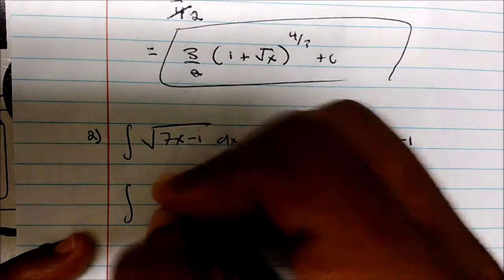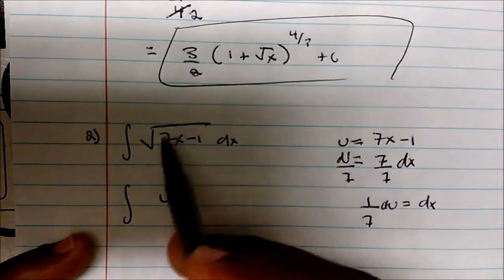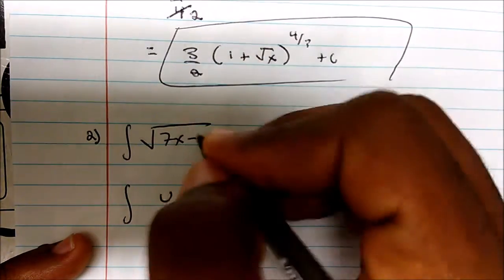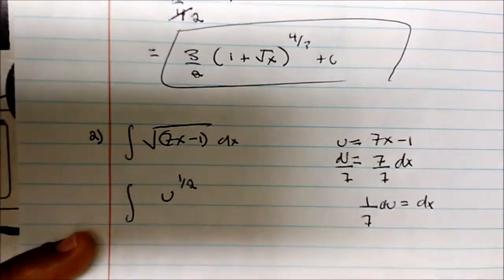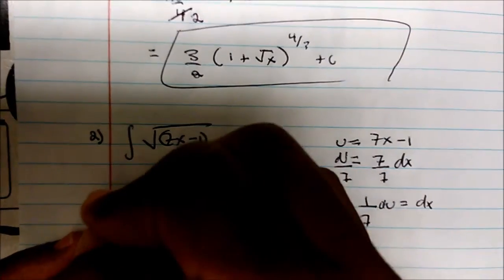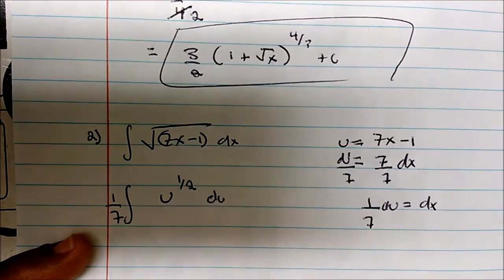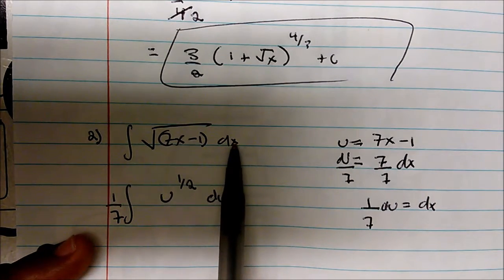So rewriting the integral, this whole thing under my square root is just u. Now remember, we're dealing with the square root function, so this is actually this whole thing raised to the 1/2. So this is u to the 1/2. And then remember, we have our 1/7 du to replace our dx.